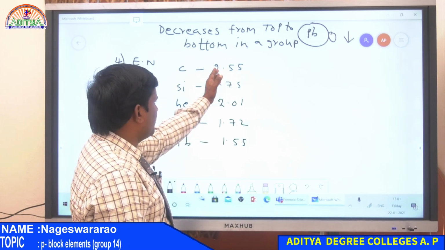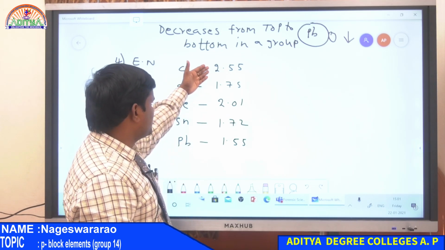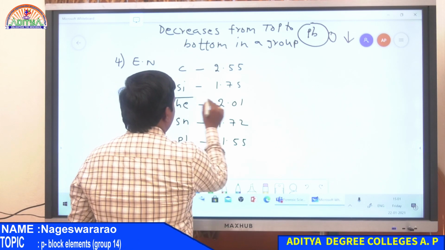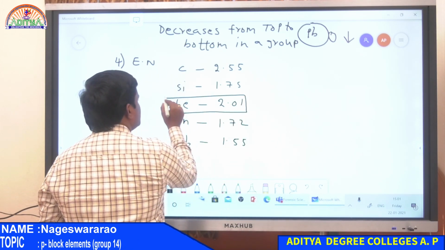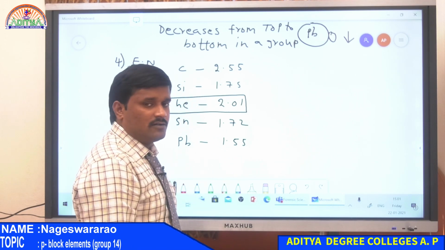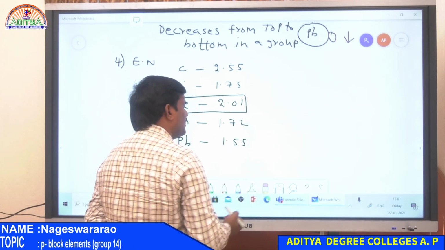Carbon has the highest electronegativity in this group, and the value decreases from top to bottom, with only one difference: germanium has more electronegativity than silicon, and then the next values decrease.